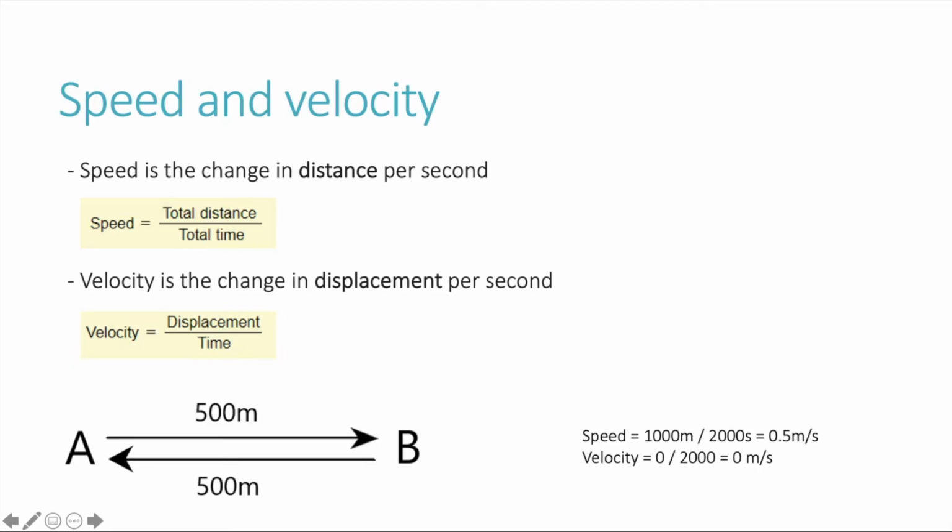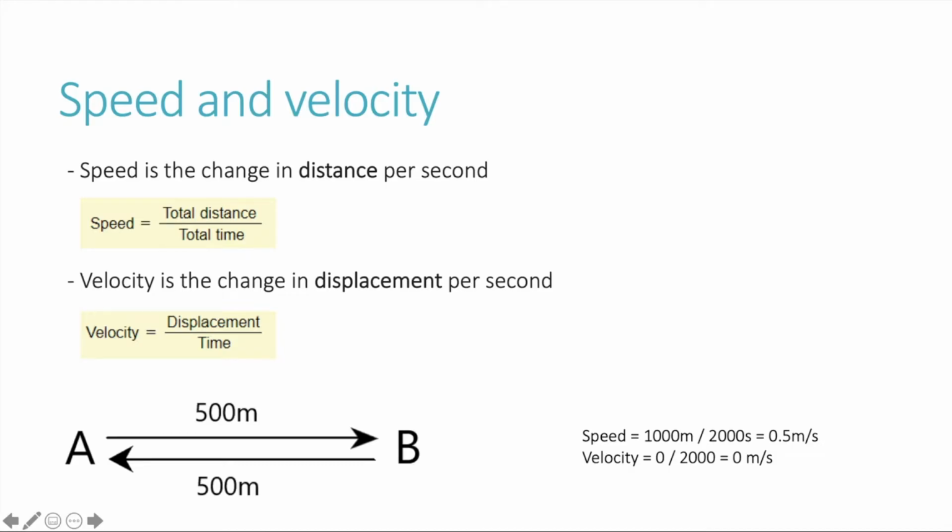According to the formula of speed, imagine you took 2,000 seconds to get that trip done. The speed would be 1,000 meters divided by 2,000 seconds, which would give you 0.5 meters per second. Okay, so that makes sense.